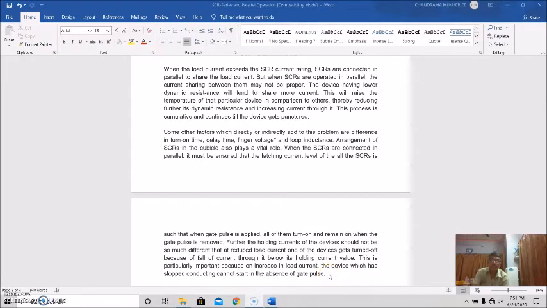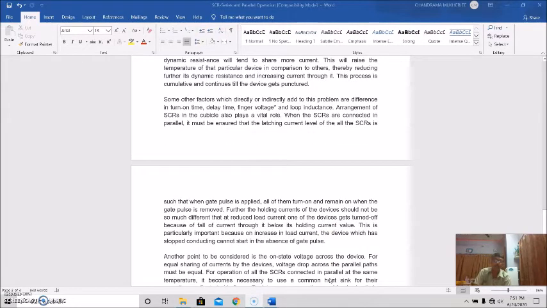So the holding current also should not have much difference between the SCRs connected in parallel.